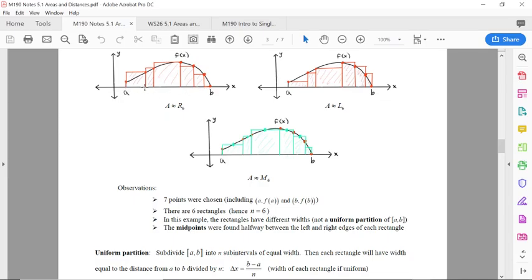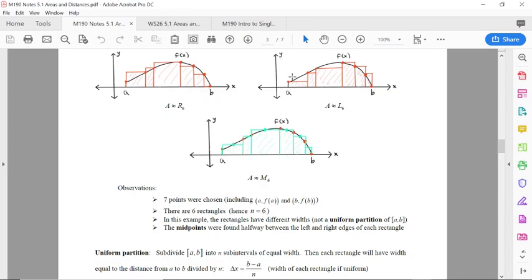There would have to be 7 x values within this interval, and each of those x values is associated with y values along the curve, because the function has to exist here on this closed interval. 7 x values, 7 y values.